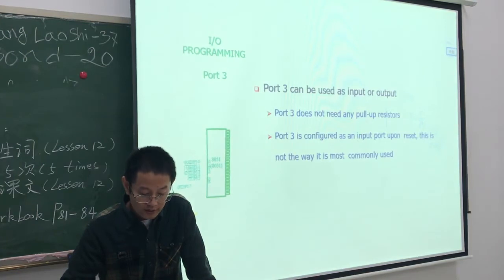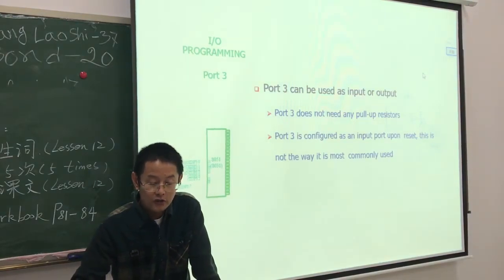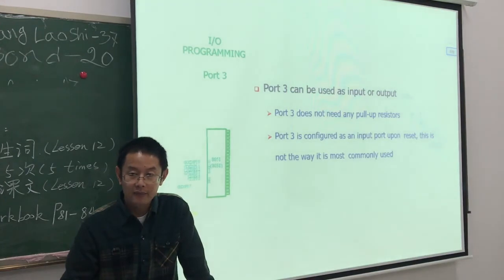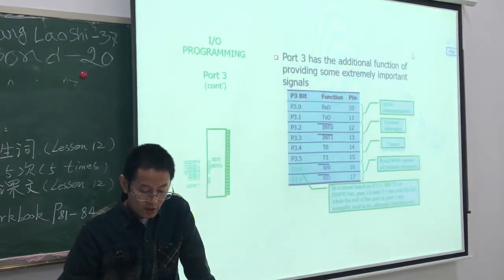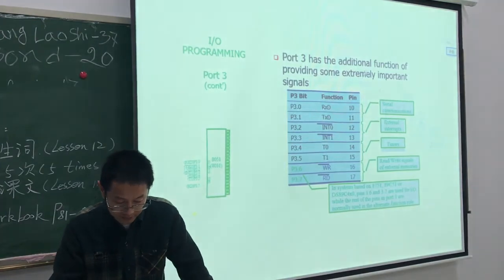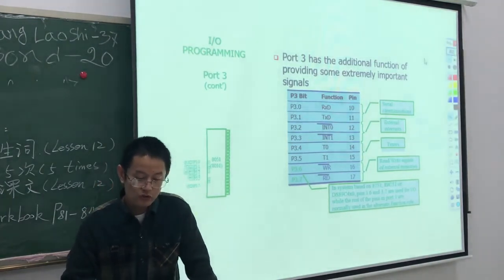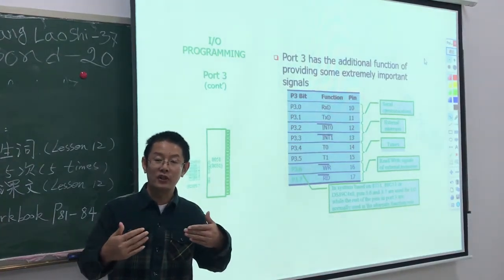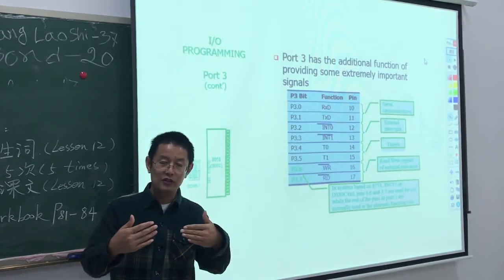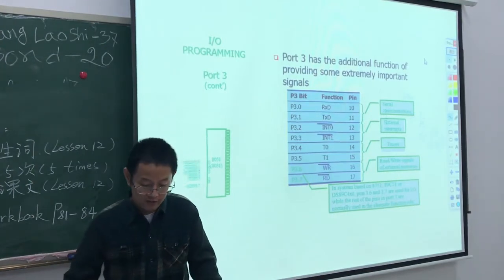This is not the way it is most commonly used, because port 3 has the additional function of providing some extremely important signals. You can use it together as a port, or every bit has its own function.